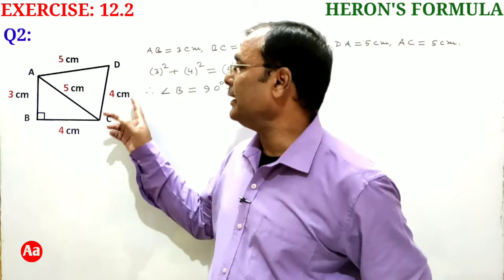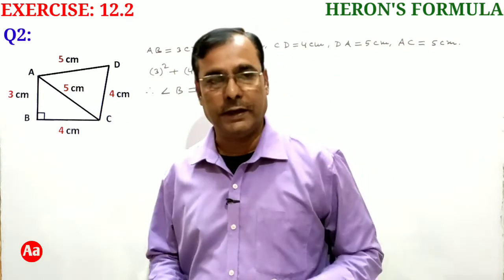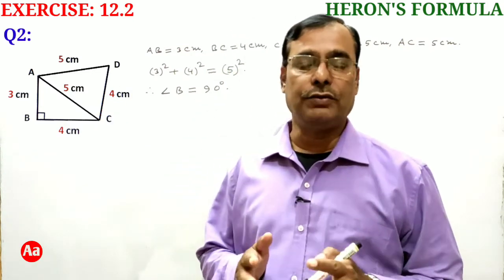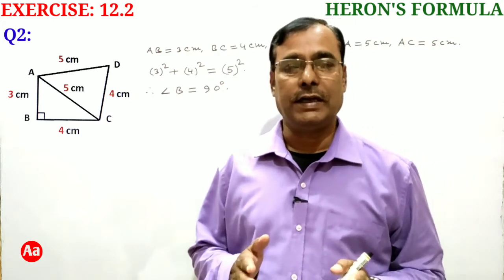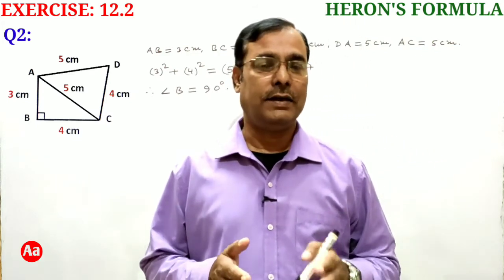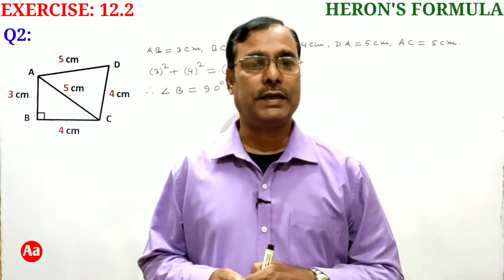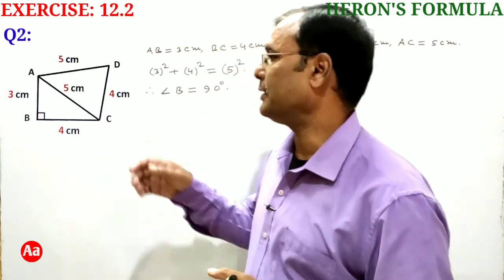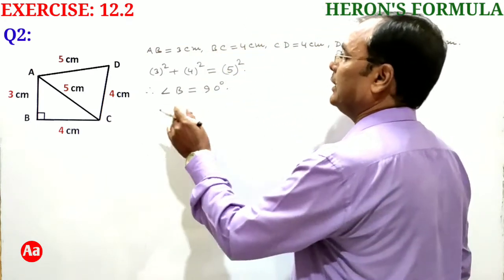We have to find area of this quadrilateral. To find its area, we need to calculate area of triangle ABC and also area of triangle ACD. So let's find area of triangle ABC.